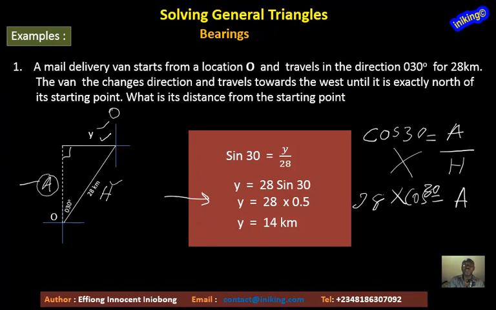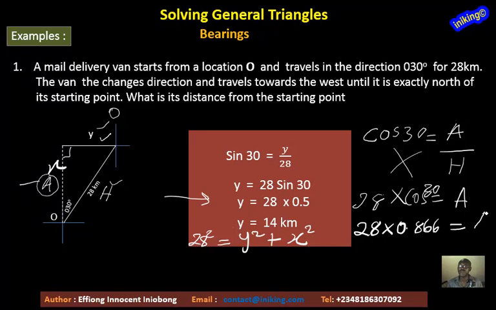We would say 28 squared is equal to y squared plus the adjacent, let's call that side x, squared. Or we would just continue from here and say that 28 times cos 30, which is 0.866, is equal to the adjacent side we are looking for. Any one of them will give us the answer.